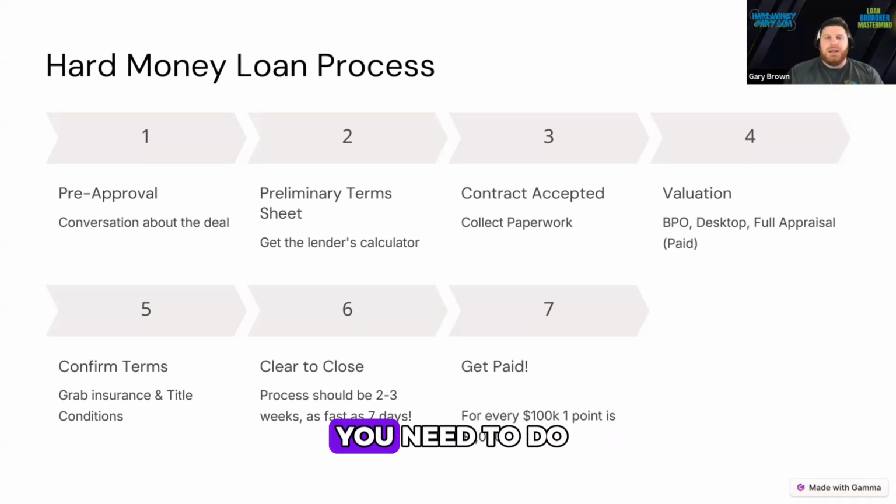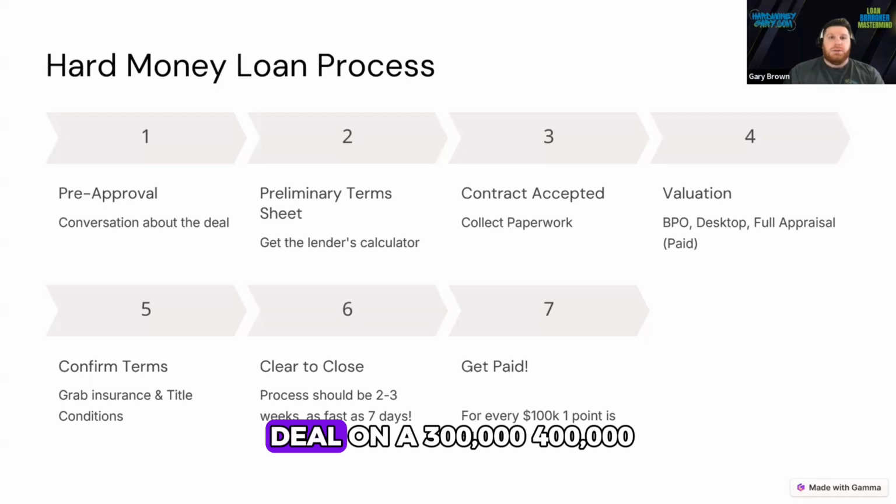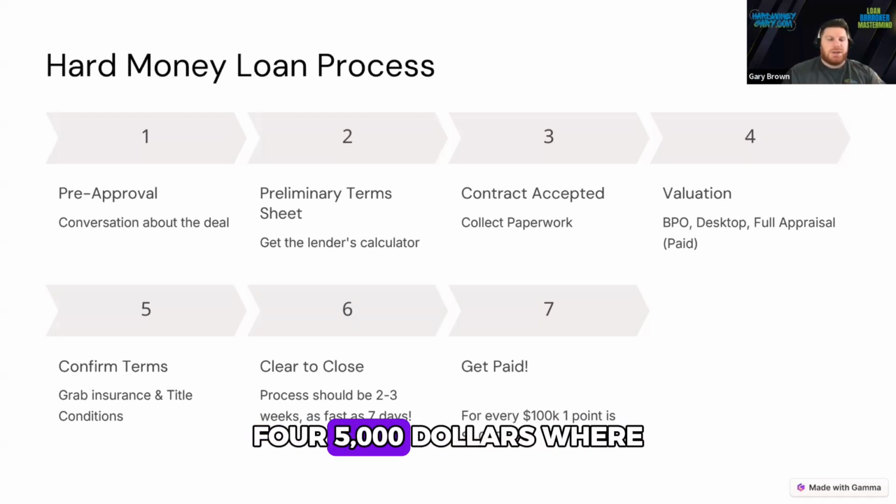How many of those would you need to do in a year to pay for a vacation, put money back into ad spend for your wholesaling business so you can go grab more deals? Go ahead. For right now, if you were to close a 1 point deal on a $300,000, $400,000, $500,000 loan, that means that you would be taking home three, four, $5,000.